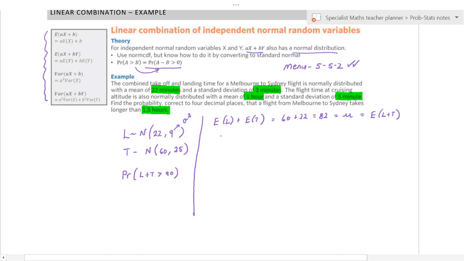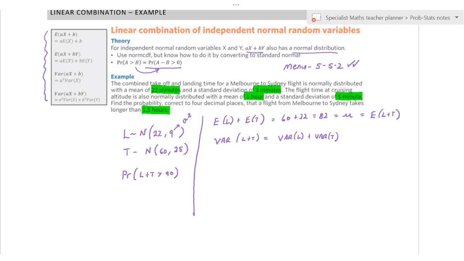Now the variance. The variance of a linear combination: the variance of L plus T is equal to the variance of L plus the variance of T. So it's actually not too bad a question, but a lot of students wouldn't even know where to get started on such a thing. Now the thing is, though, we don't know what that is.